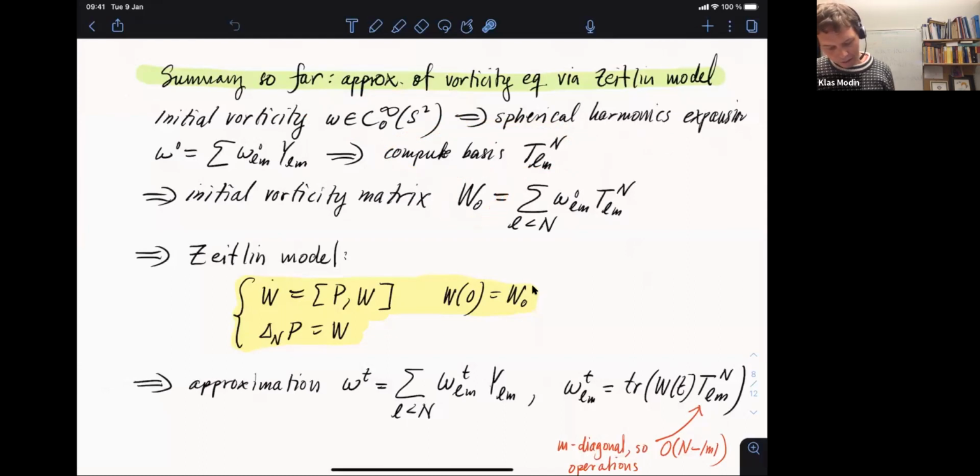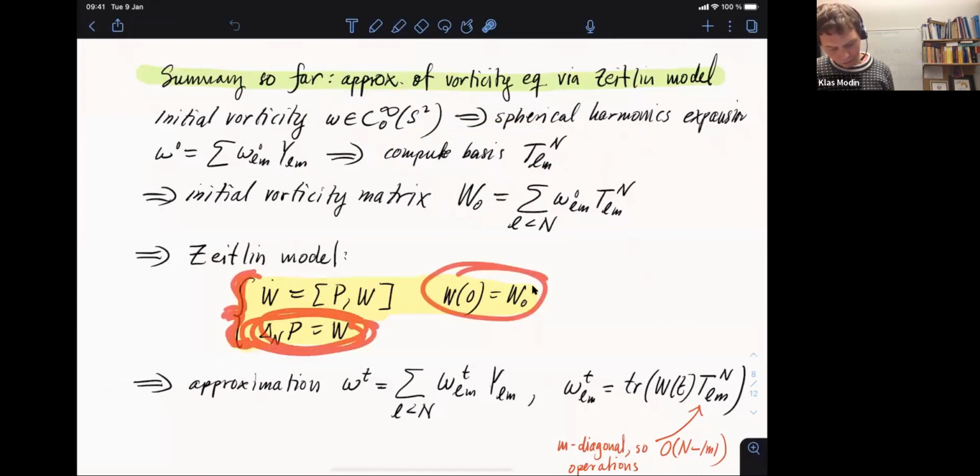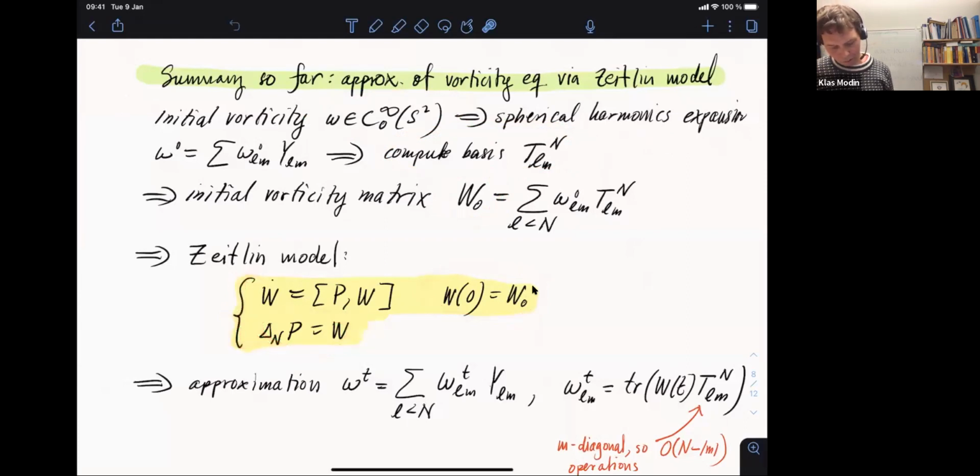Then we follow the flow of Zeitlin's finite dimensional model with this initial condition, and we also know how to solve the quantized Poisson problem. Once we've done that, we get some matrix at time t, and then we can construct back the corresponding vorticity function just by taking the components in this basis.